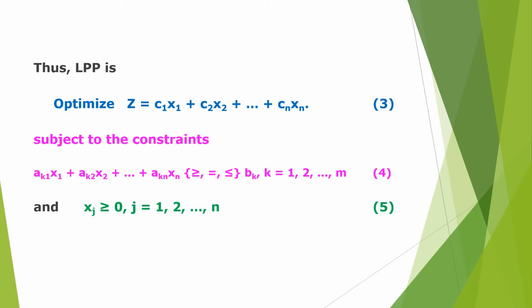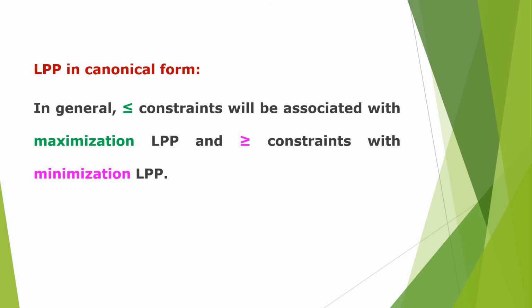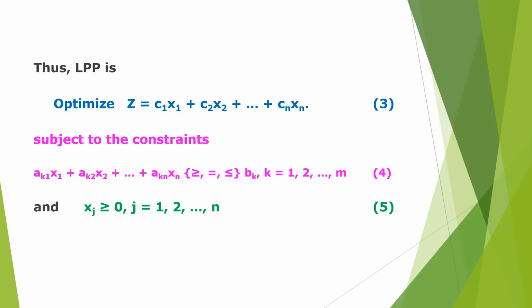Constraints are m in number, so k can vary from 1 to m. And the non-negativity condition of the decision variables is xj greater than or equal to 0 for all decision variables, that means 1 to n, should get satisfied. So this was the general form of a linear programming problem.